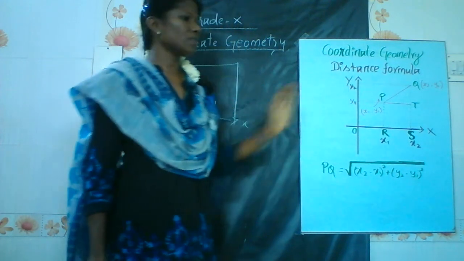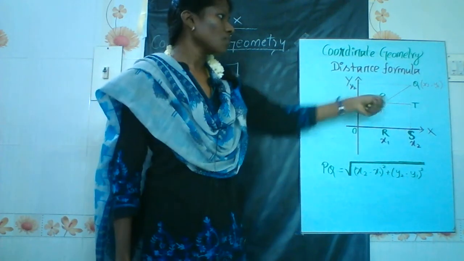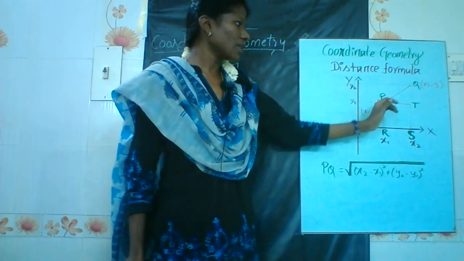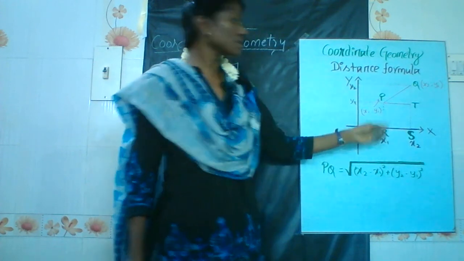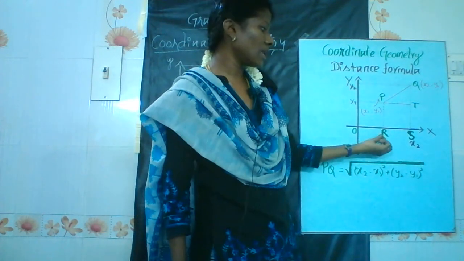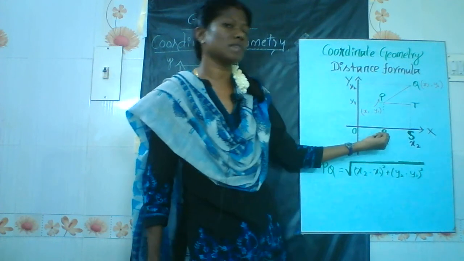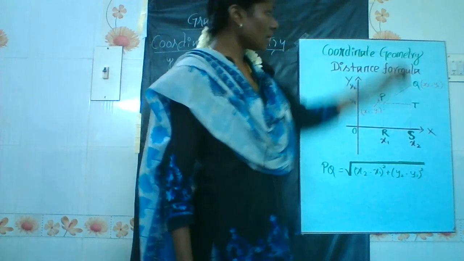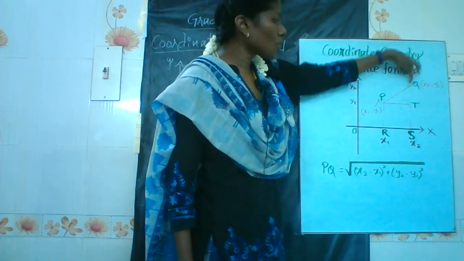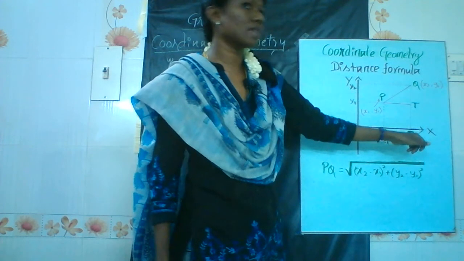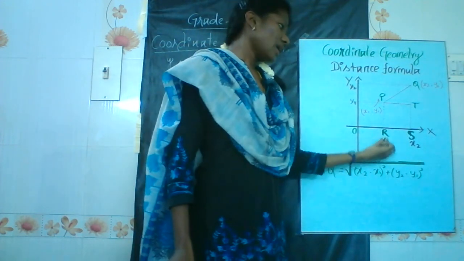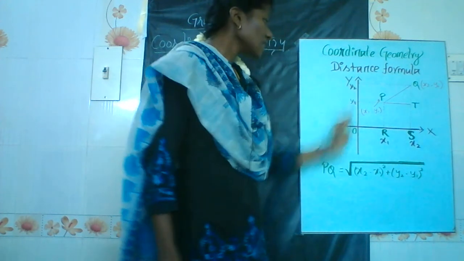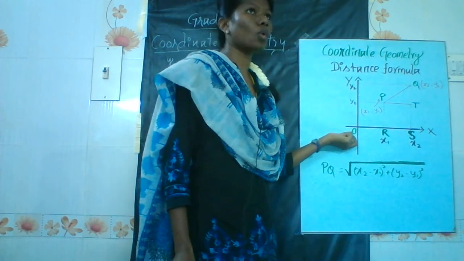So I am drawing a vertical line from P to the x axis. That touches the x axis, and I am giving the intersect point the name R. Again I am drawing a vertical line from Q to the x axis, and I am giving it as S. For R I am giving x1 and for S I am giving x2, and the axes intersect at O, that is origin.